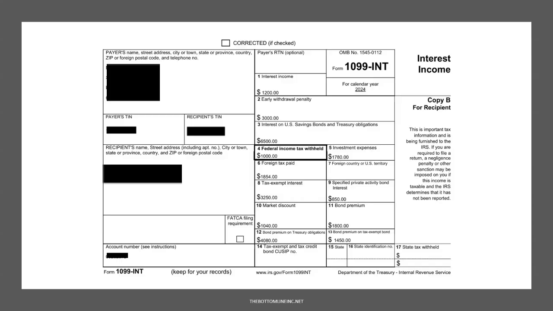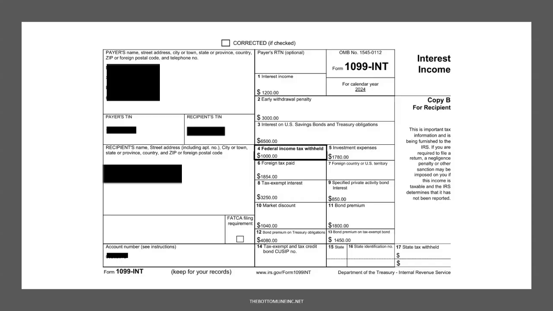We've prepared these for clients who have lent a family member money and charged them an interest rate. If they make more than $10, they would have to claim this interest income.